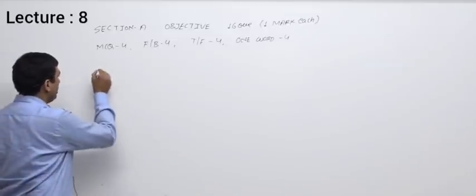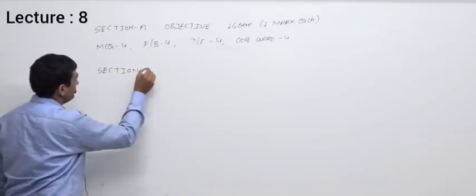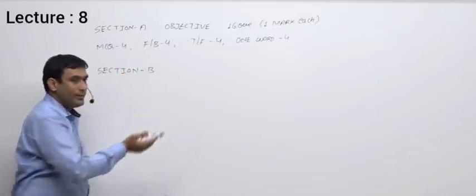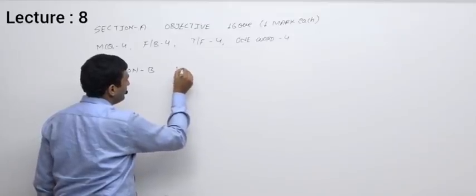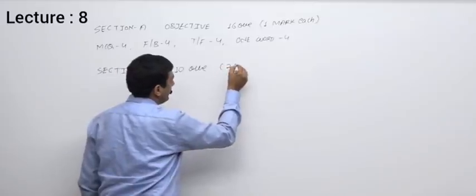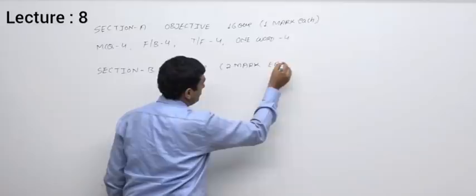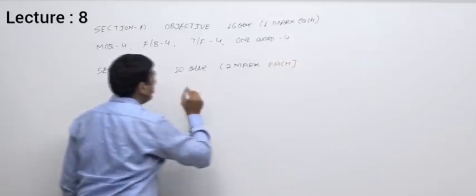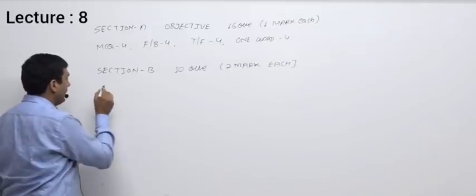Now section B, that is obviously subjective, and there are 10 questions, 2 marks each. There you will find internal option in 3 questions.